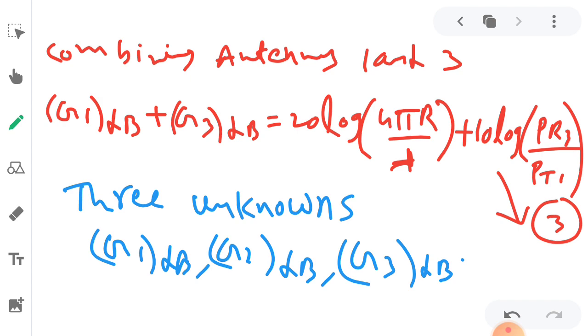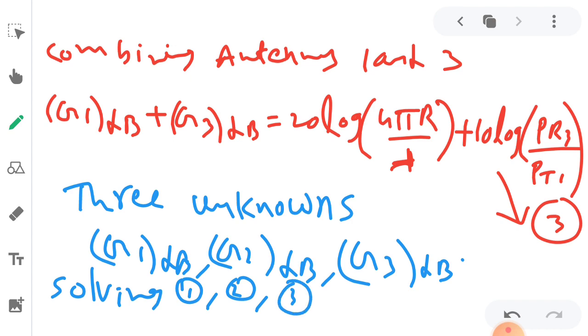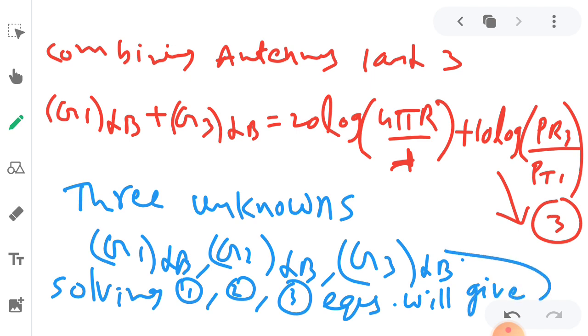R, the distance between the two antennas, is known, and lambda is known. So we have 3 equations and 3 unknowns. Solving equations 1, 2, 3 will give the unknown values. Okay, this is about the 3 antenna method in the absolute method.